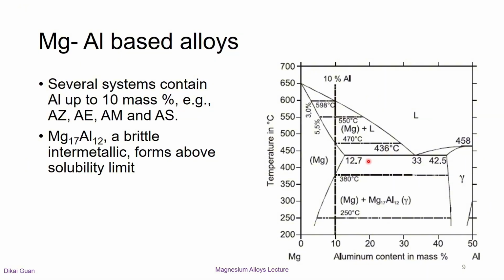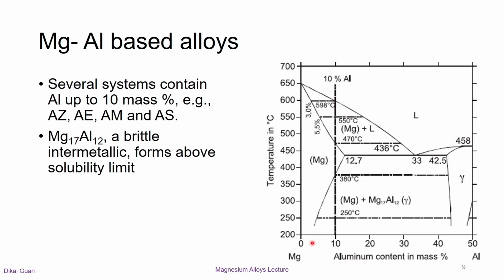Above the solubility limit, the intermetallic Mg17Al12 forms out from the matrix. The solubility limit of aluminum at the eutectic temperature, 436 Celsius degrees, is around 12 mass percent and falls to about 1% at room temperature.